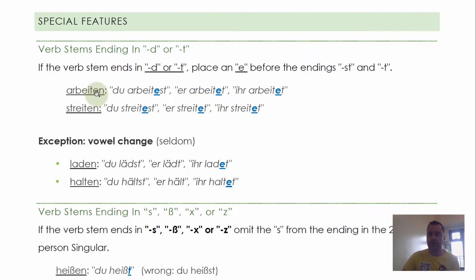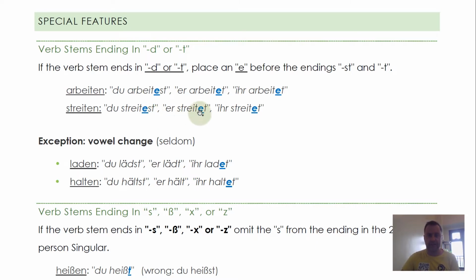So verb stem means without the ending, so without the EN. Arbeitest, because otherwise it would be very difficult to do the pronunciation. So arbeitest. Otherwise it would be du arbeitst. It's like too many consonants in a row.